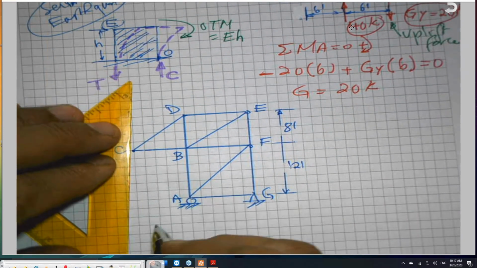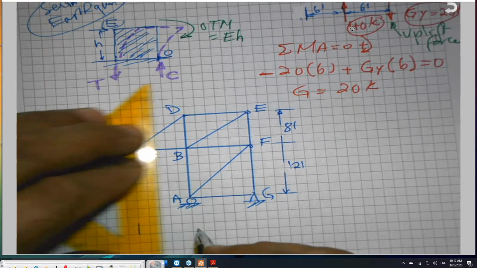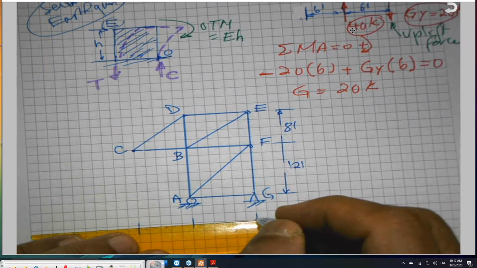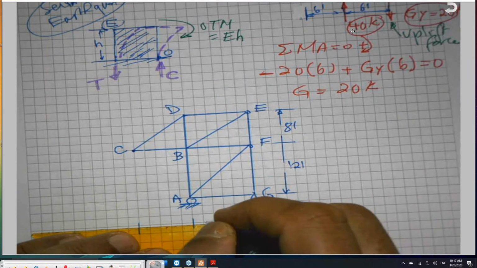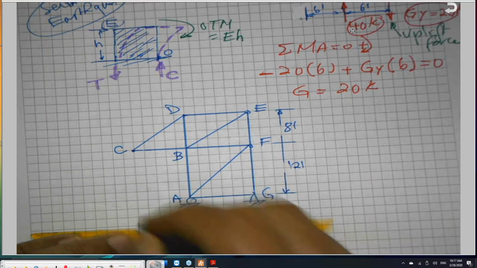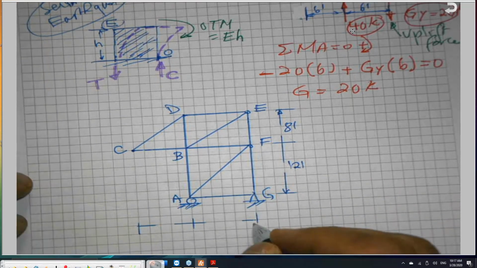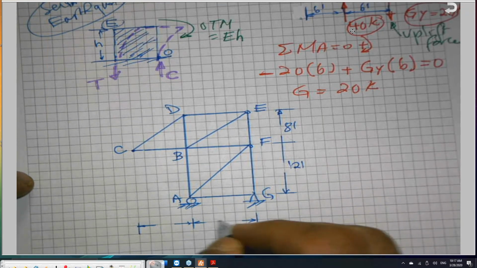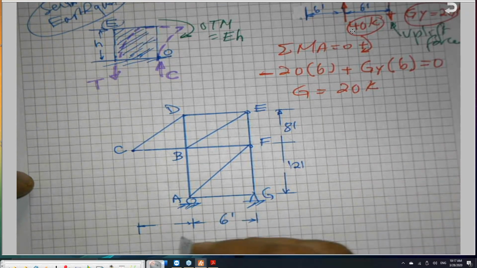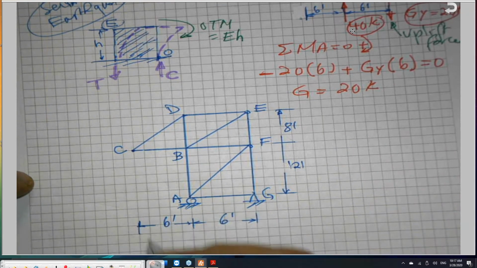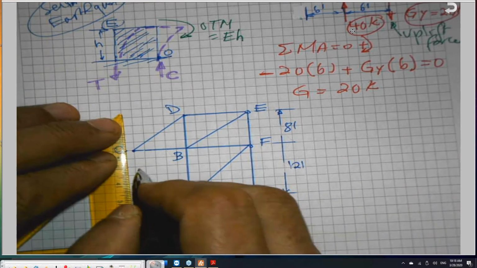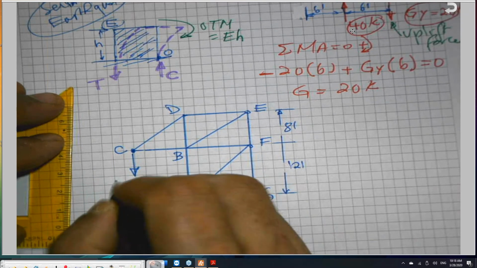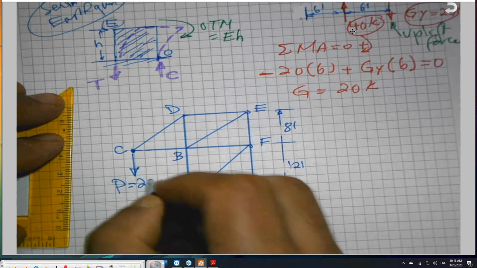Not to scale, forgive me for that, but I try to draw it. Let me keep it 6 feet, even though it looks like 8 feet. And we do have a single concentrated load acting at this joint here, which I called 20 kips.